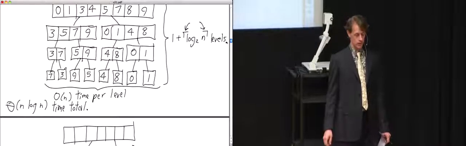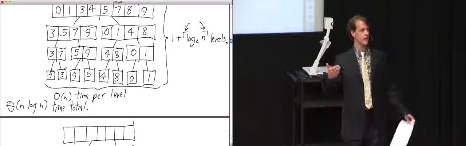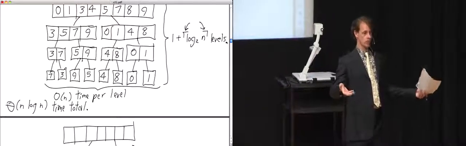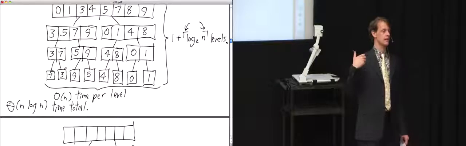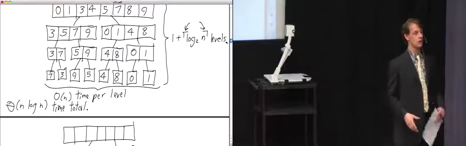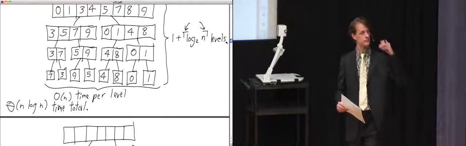No matter how well sorted the data is, yeah, if you have data that's already sorted or partly sorted, this does not take advantage of that in any way. So, yeah, you're right.